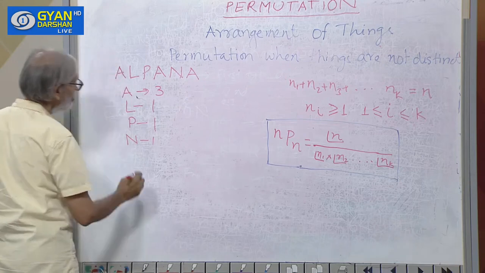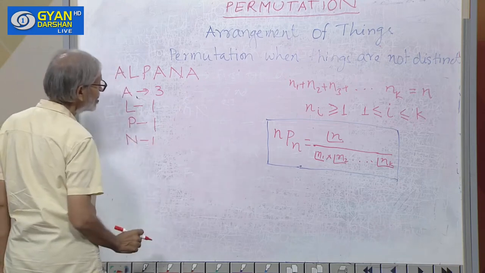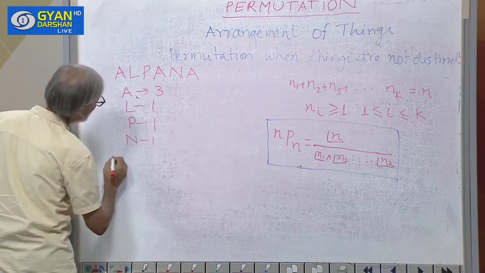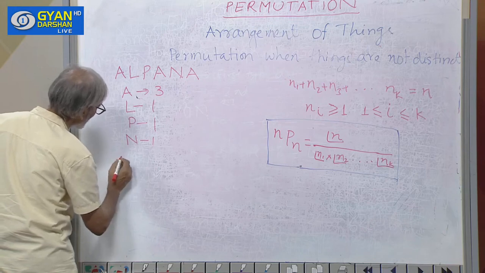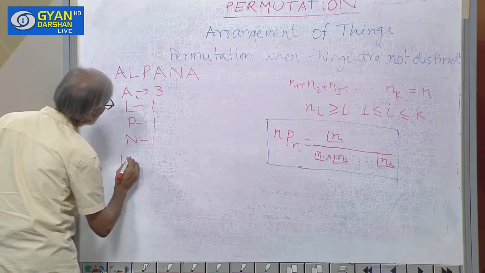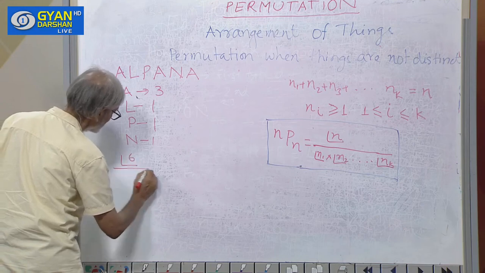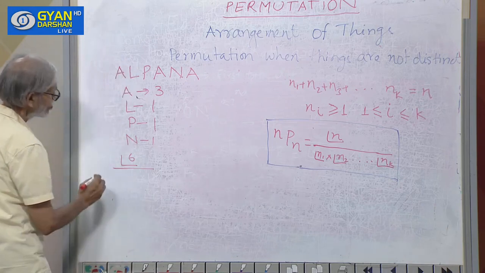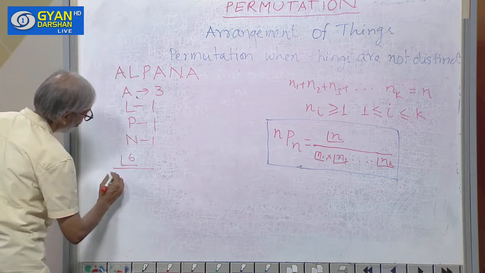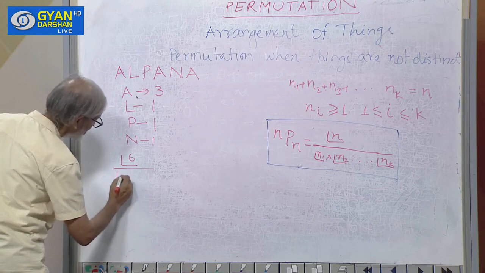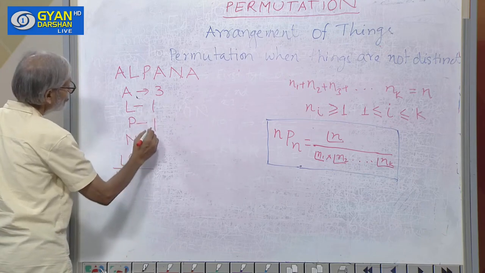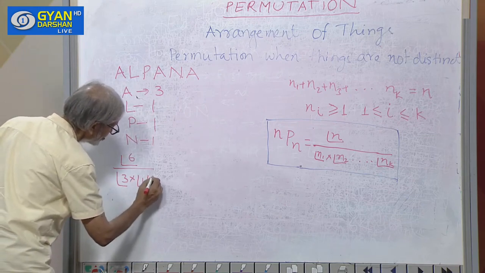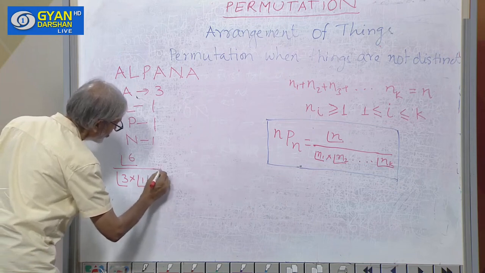So, according to the formula, the number of 6 letter meaningless or non-meaningless words will be equal to factorial 6 divided by factorial 3 and all these factorial 1, which is equal to 1, factorial 1 into factorial 1 into factorial 1.